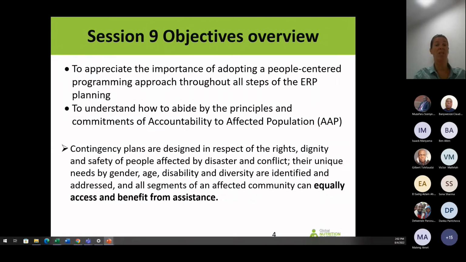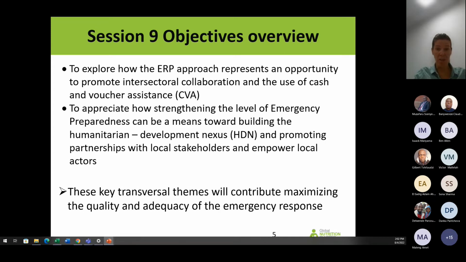So we'll look at those key cross-cutting themes in the first part of the session, and in the second part of the session, we'll explore how the ERP approach also represents an opportunity to promote intersectoral collaboration, and it's also a phase where we can explore the use of cash and voucher assistance.